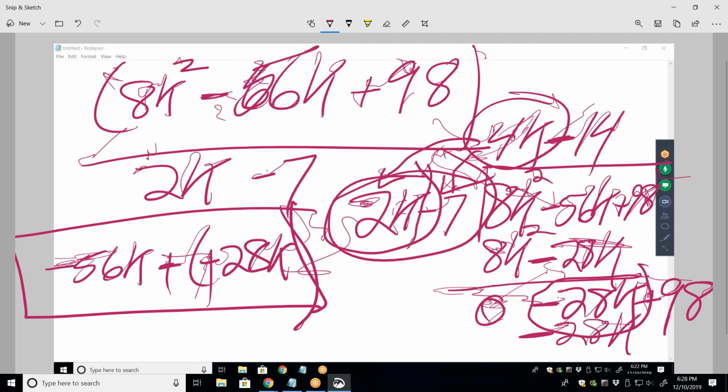Positive 98. And now subtract. What do you get when you subtract those last two lines on the right? You got to do negative 28k minus a minus 28k. And then you have to do 98 minus 98. So they're both 0.